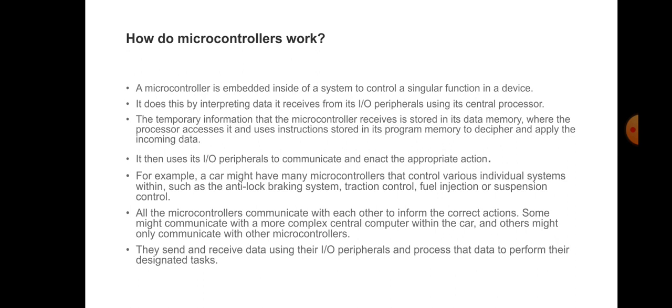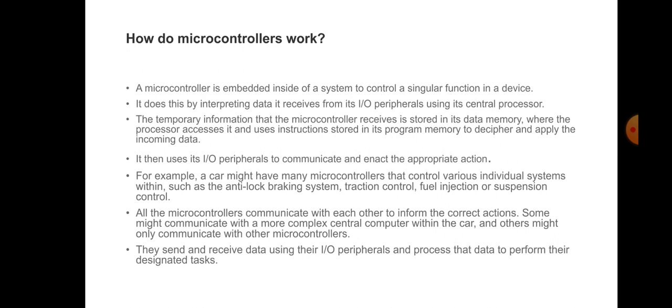For example, a car might have many microcontrollers that control various individual systems within it, such as the anti-lock braking system, transmission control, fuel injection, or suspension controllers. All the microcontrollers communicate with each other to inform the correct action.